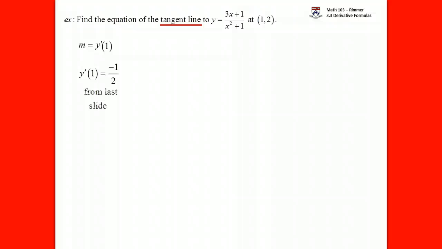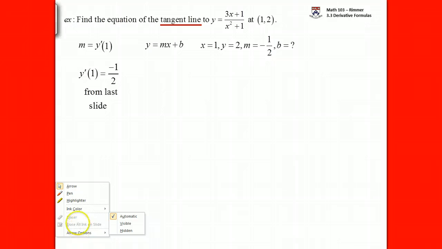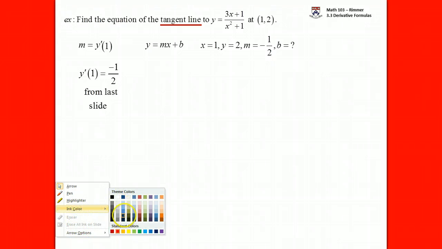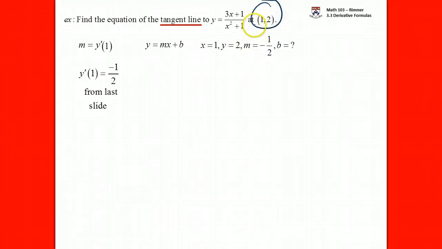You have your m. And then we're going to plug into this formula, y equals mx plus b. You also have your x and y. The point of tangency is the x and the y.